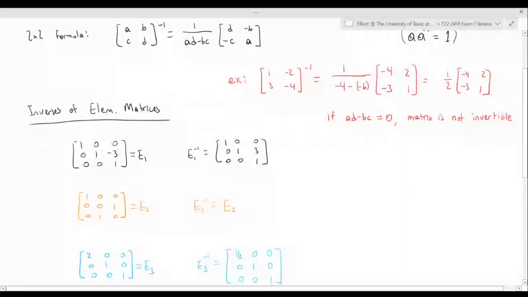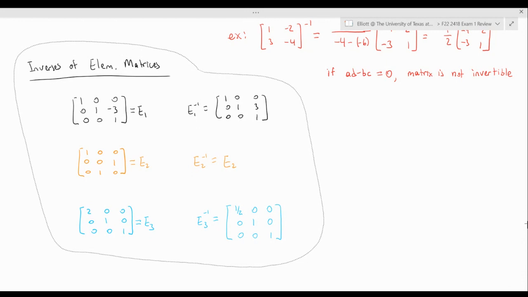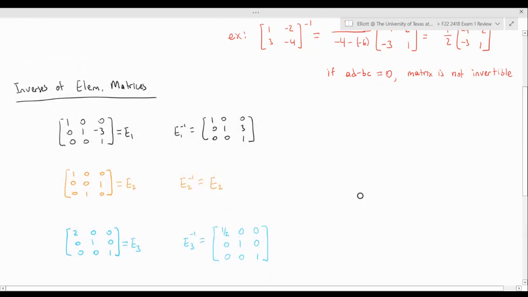I think it's also useful to talk about the inverses of elementary matrices. They're really simple. So here I have the 3 elementary matrices E1, E2, and E3 that we were using earlier. And I've also written what their inverses are, okay?